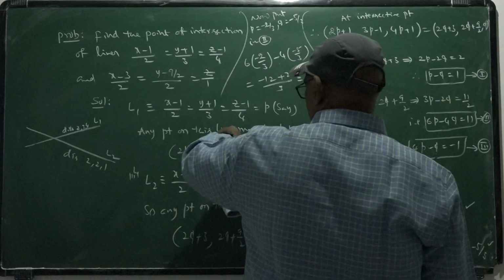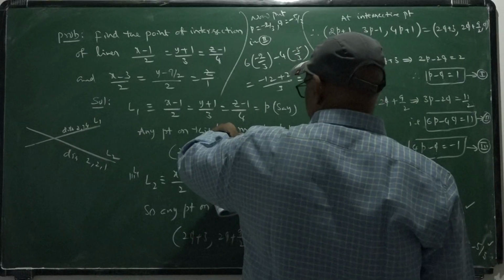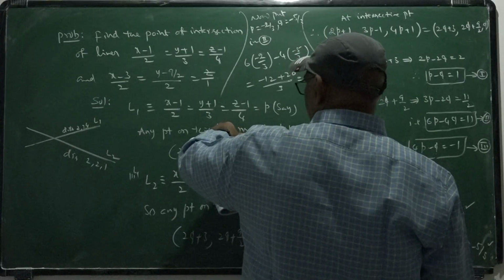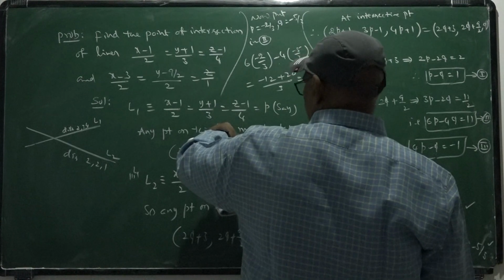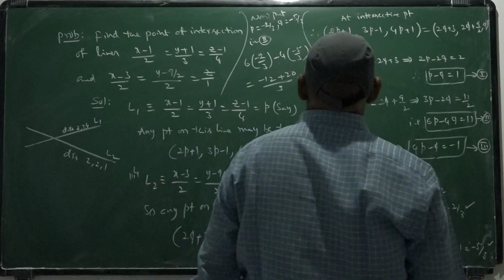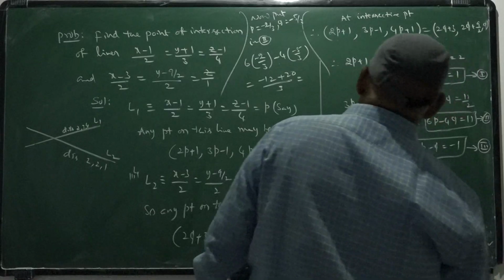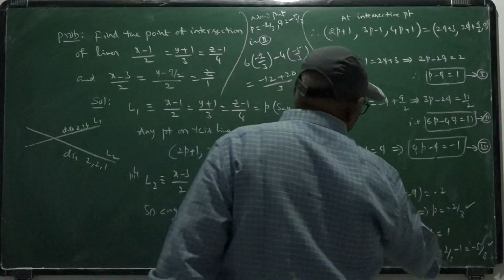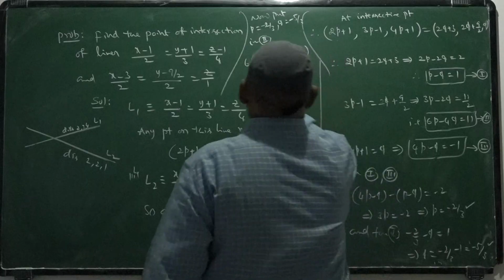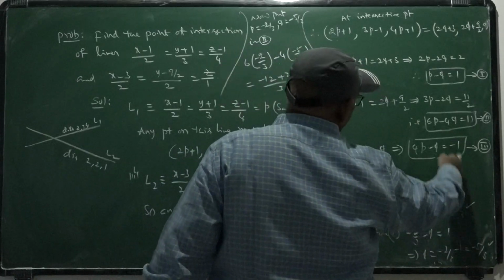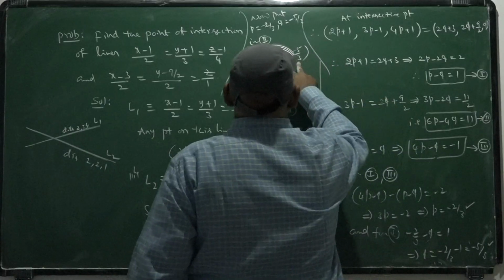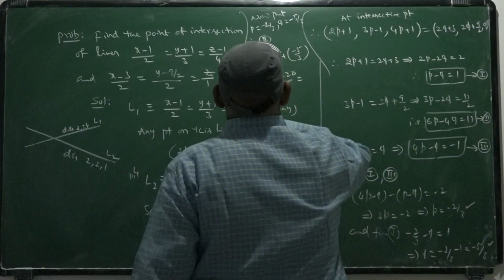Here 6p, p means minus 2 by 3, gives minus 12 by 3. Q is minus 5 by 3, so minus 4 into minus 5 is plus 20 by 3.